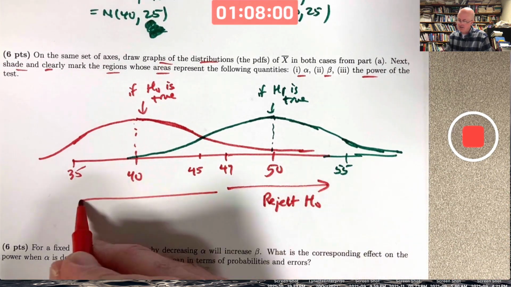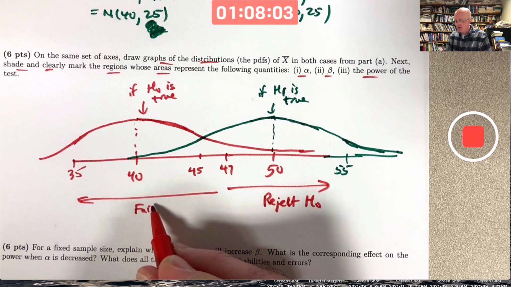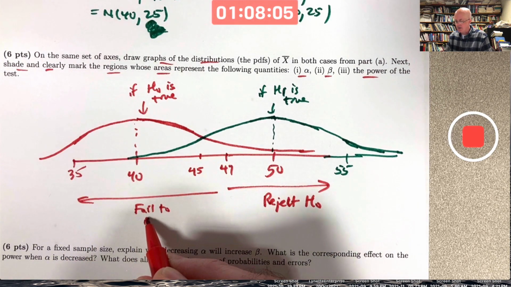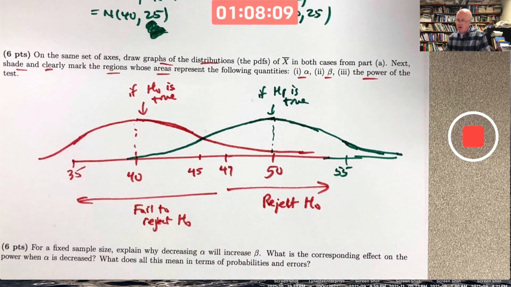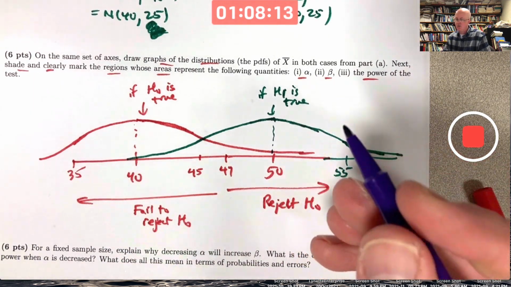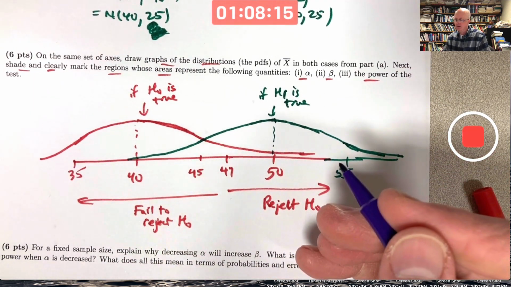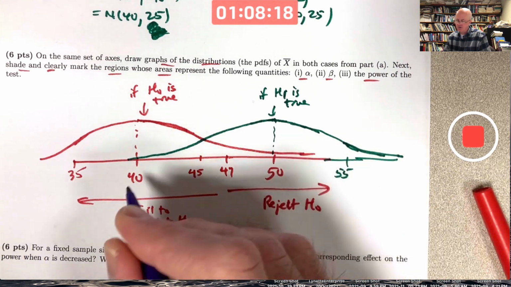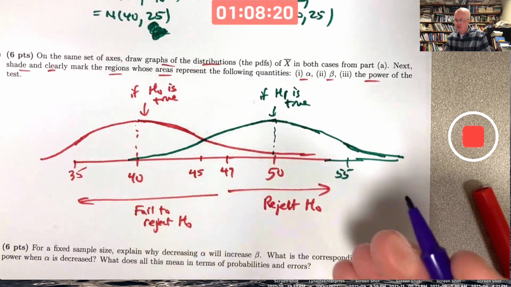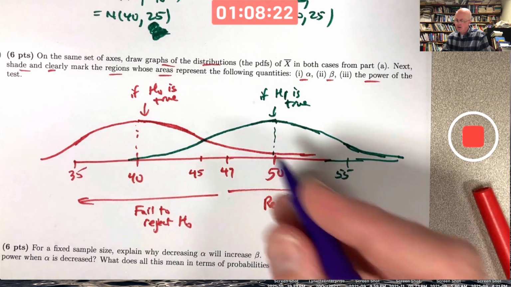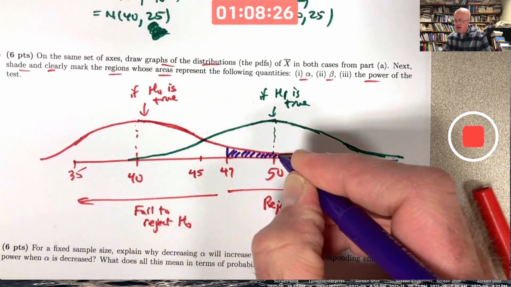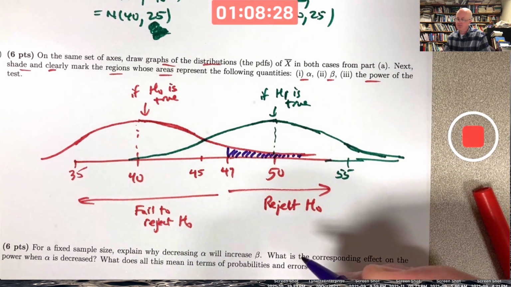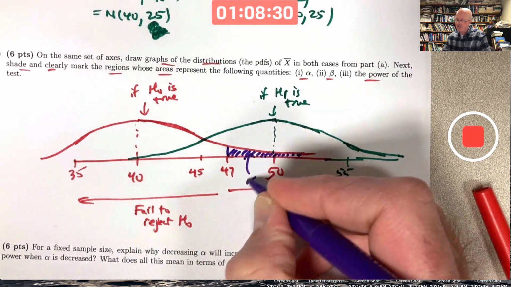And everything less than 47, you fail to reject. So the probability of a type 1 error, alpha, is when you reject the null when you should not have. You're in the critical region when the null is true, when the red graph is the true distribution of x bar. So the probability of making such an error is the area under this red graph to the right of 47. That's alpha.